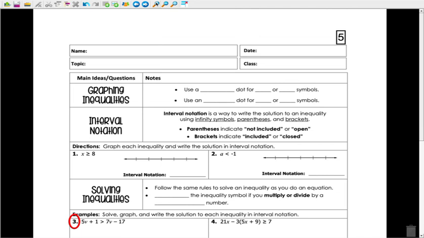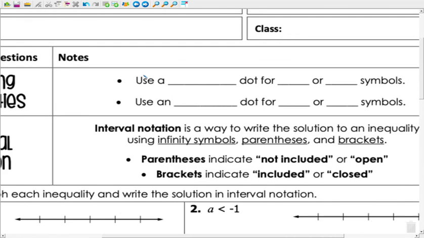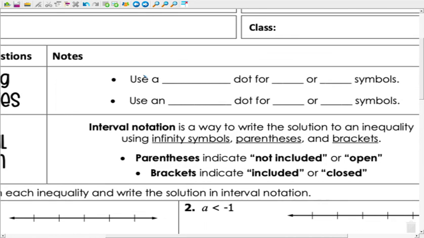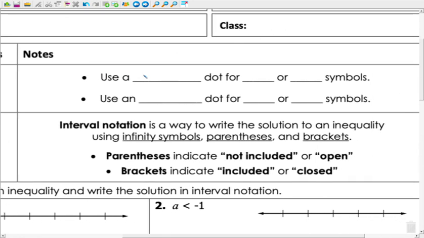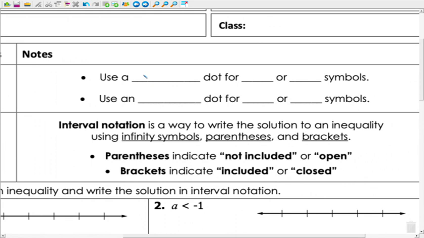When you are graphing inequalities, there is a way to notate such by use of our symbols with our circles. We're going to use a closed dot for greater than or equal to, or less than or equal to symbols.